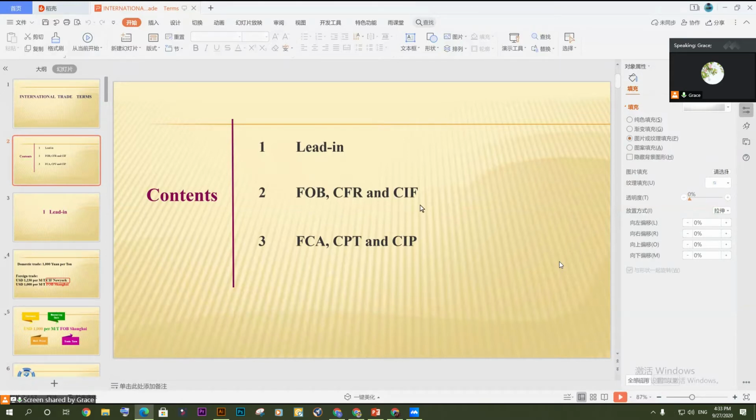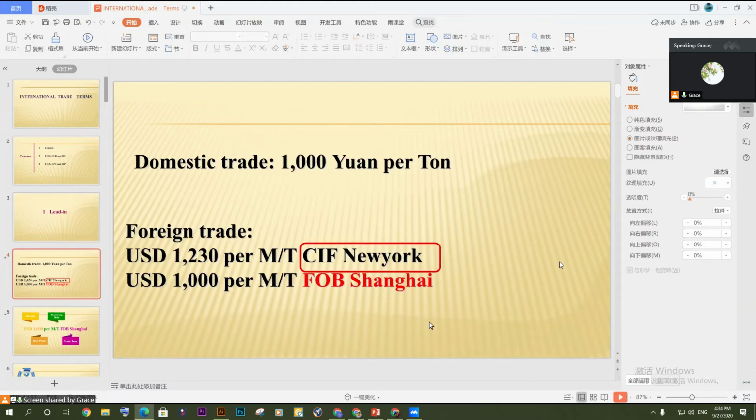We can see there are 6 international trade terms here, and I will give you some information about these 6 different international trade terms. So let's look at these pictures here, and let me show you what the international trade terms mean.